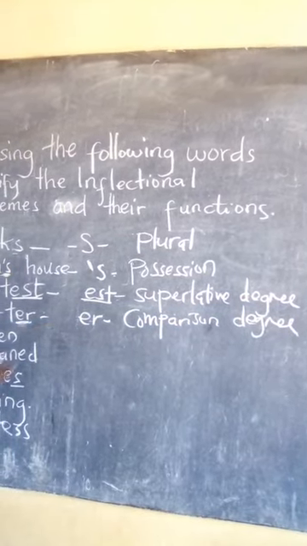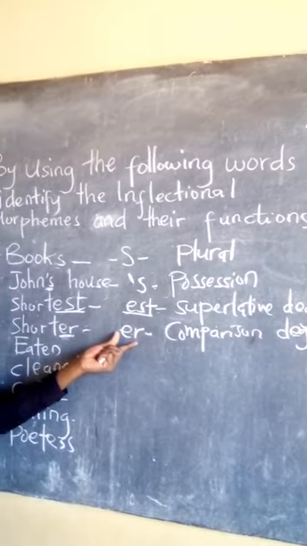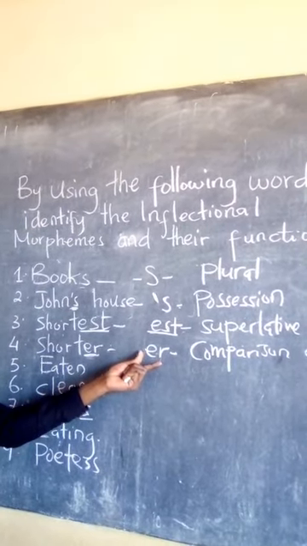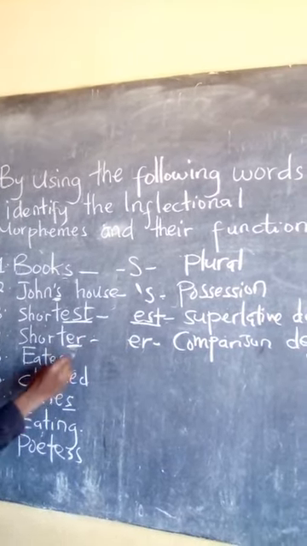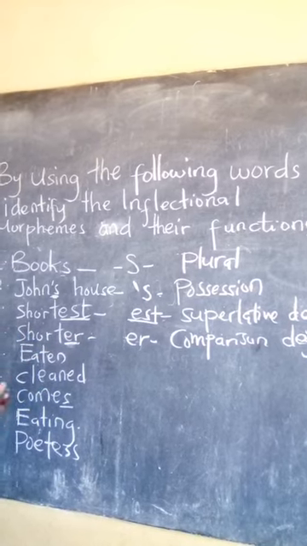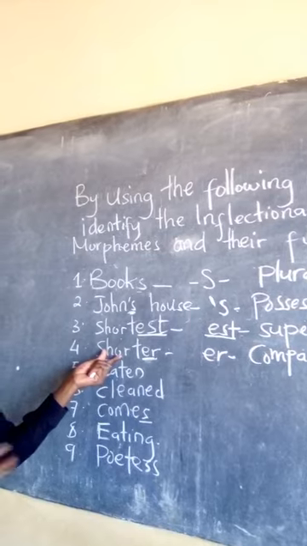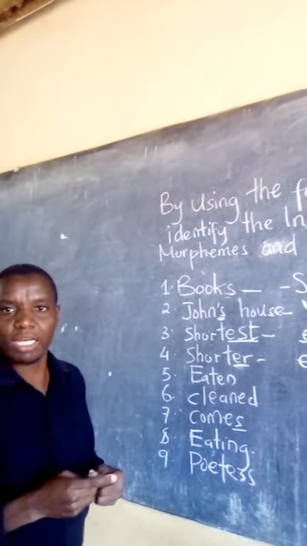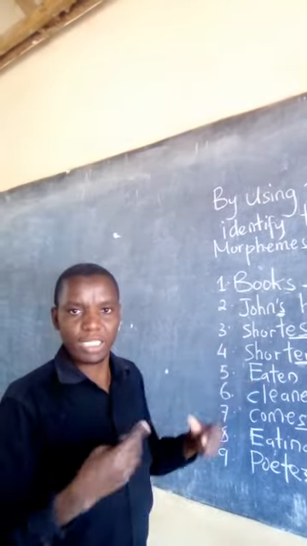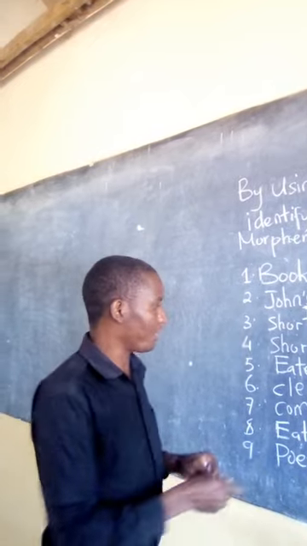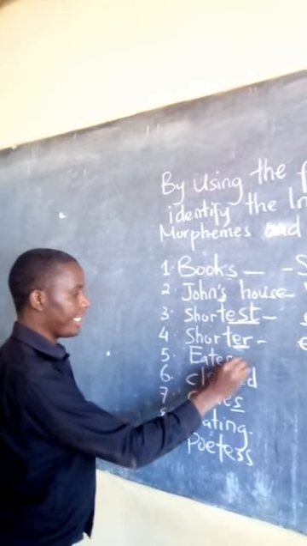It plays the role of showing the comparison degree. But when it is added, the word does not change category. For instance, from the word short to shorter, both are still adjectives. They do not change.